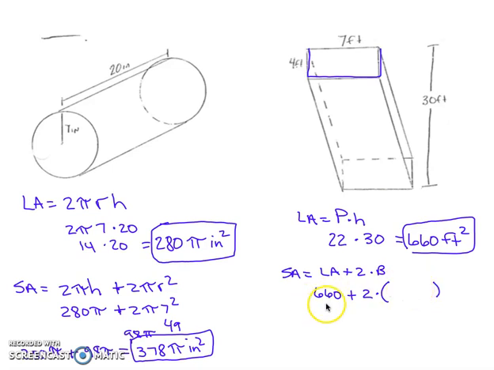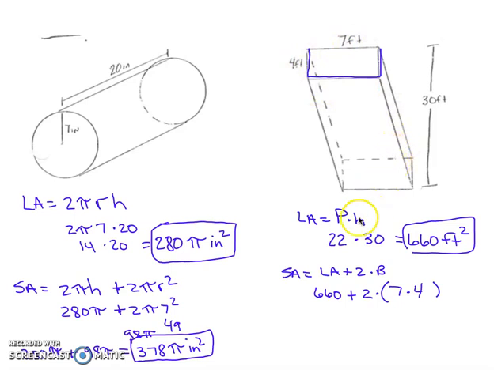So we have 660 plus 2 times. The way that we figure out capital B will change depending on what shape your base is. In this case, the shape of the base is just a rectangle, so to find area, you just take base times height, or length times width. So to figure out my capital B, I'm going to take 7 times 4.